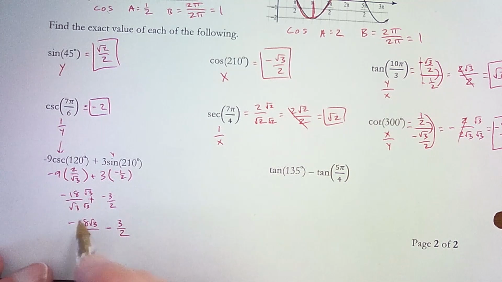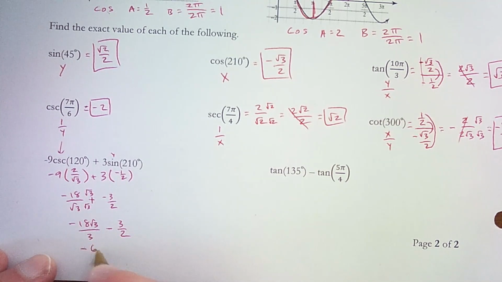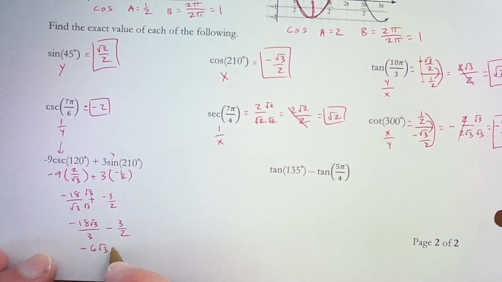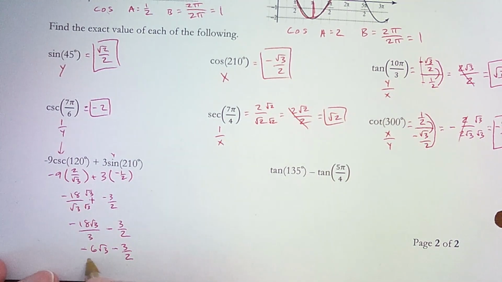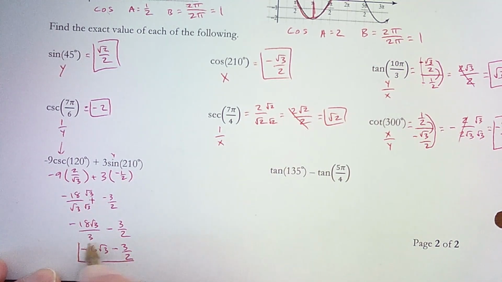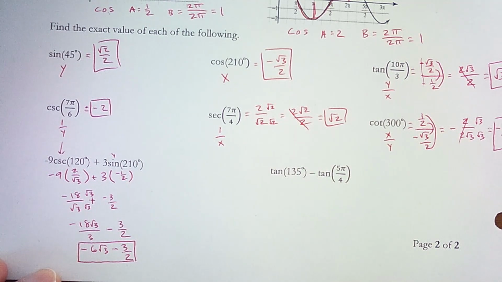And then 18 over 3 is 6, so we have negative 6 times the square root of 3 minus 3/2. And I can leave it like that, or I could find a common denominator and add them. It's perfectly fine to leave it just like that.